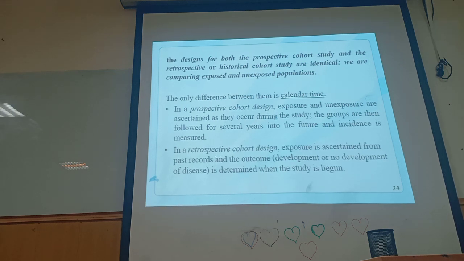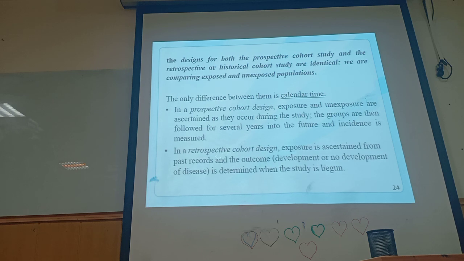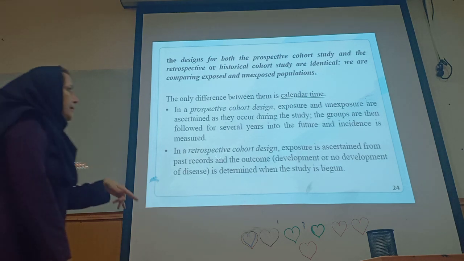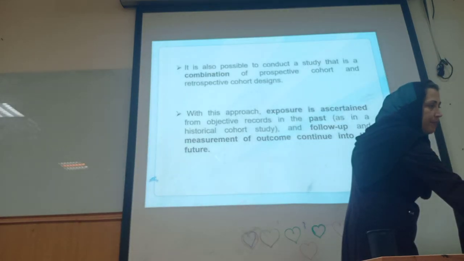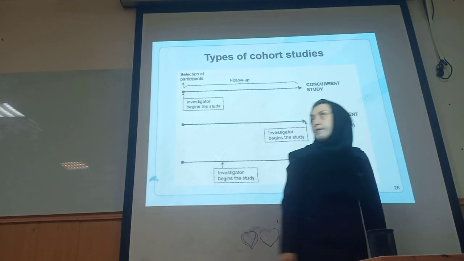We say 5 years from the past, and we follow the participants for 5 years in the future. After that, we can assess the participants regarding the outcome. Okay? It is the combination of retrospective and prospective.